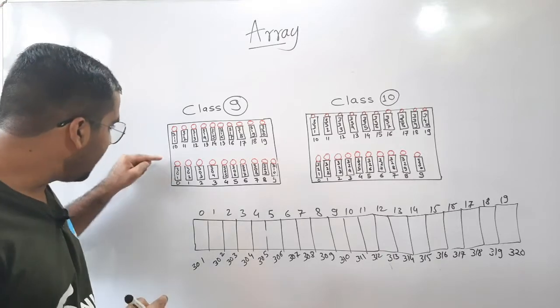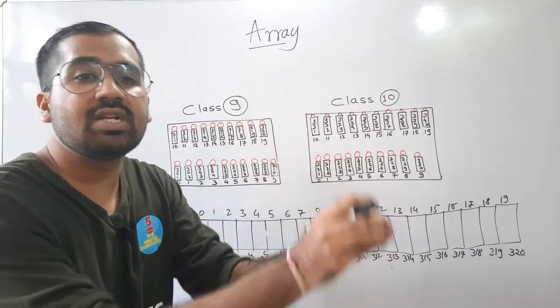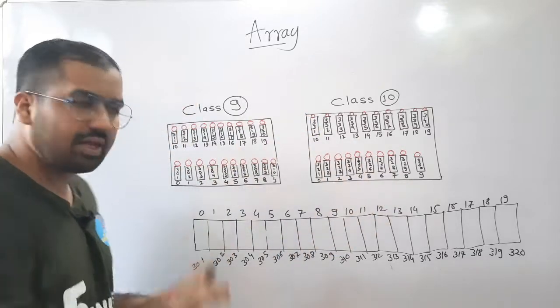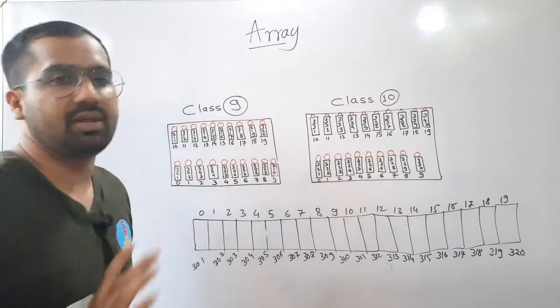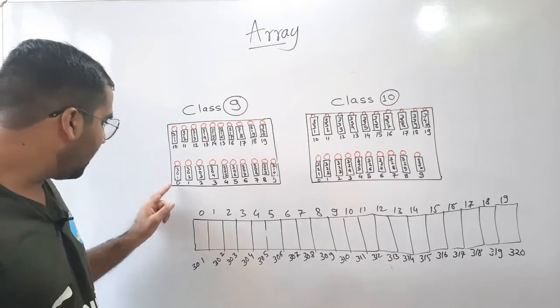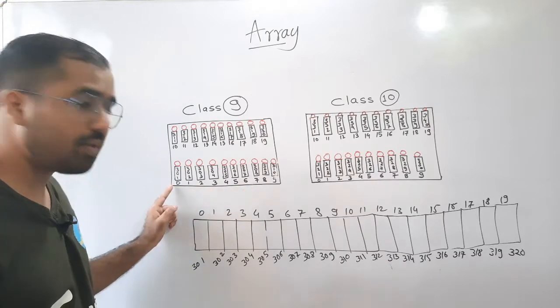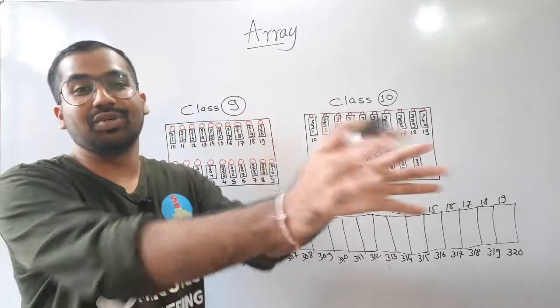The second thing is these red circles. These are symbolic representations of the students sitting there, and from that we can see that one student is sitting per bench. The third thing that we can notice is some numbers starting from 0. What are they? These numbers are the roll numbers assigned to the students.